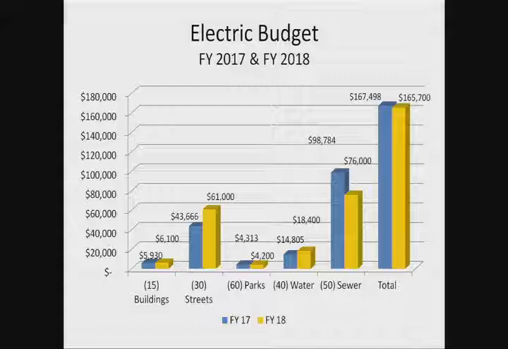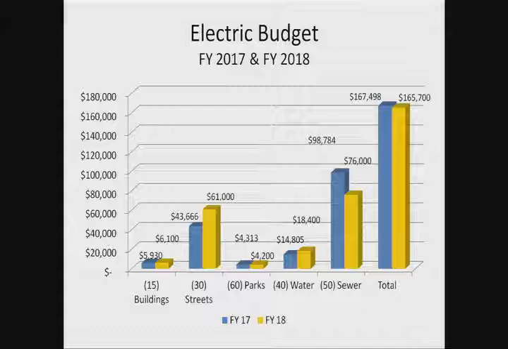If you look at the last column where it has the total, last year's total electric budget was $167,498. This year we have that slightly lower at $165,700. And if you look at all the columns before the total, you can see in buildings, streets, parks, water, there are slight increases in each of those departments.